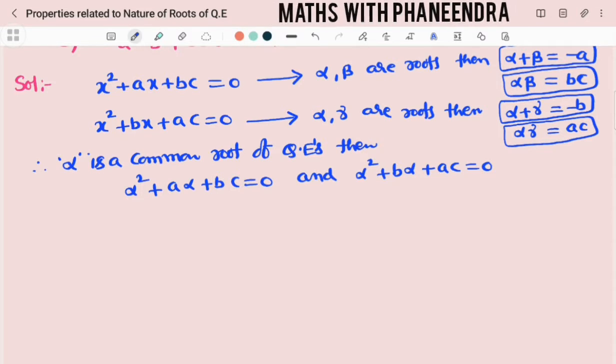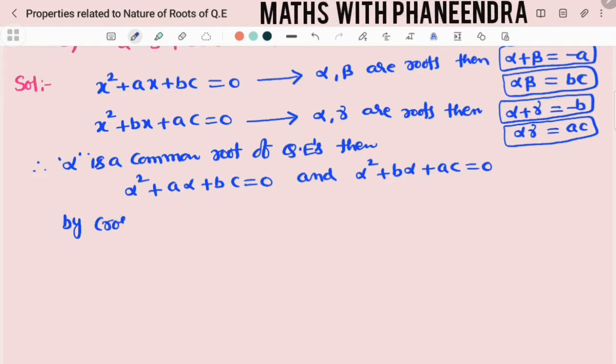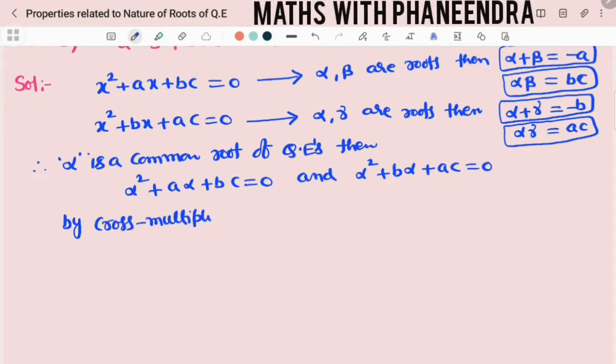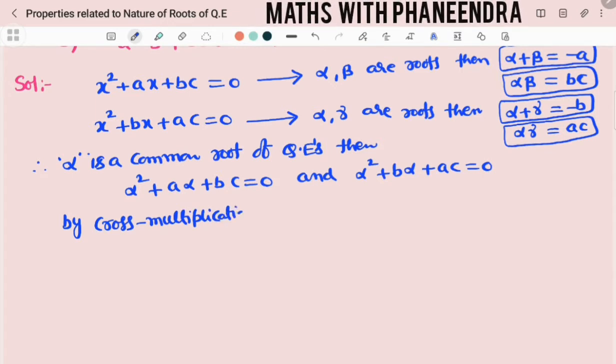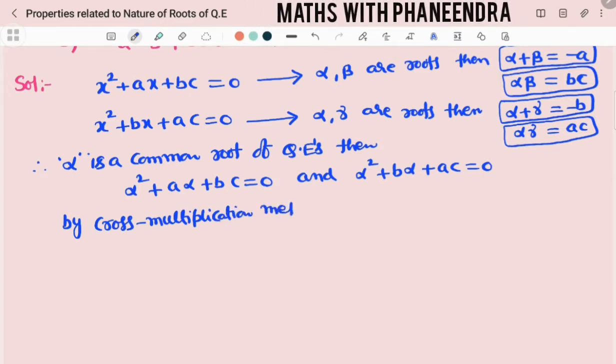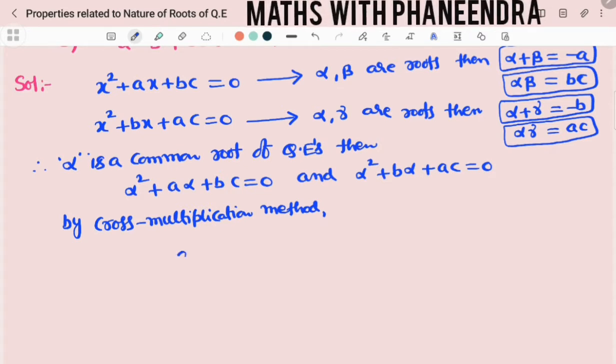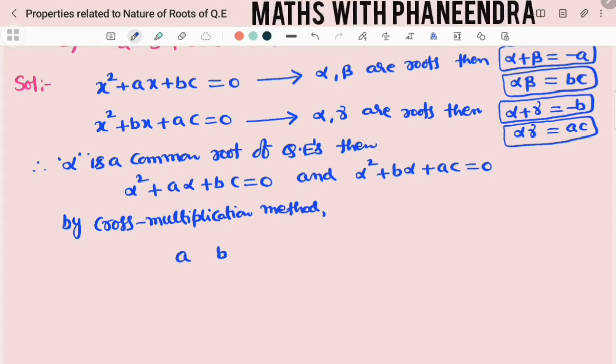Like solving for x and y, there is a cross multiplication method, no? By the cross multiplication method, first write the alpha coefficient. The alpha coefficient here is A. Next the constant BC.